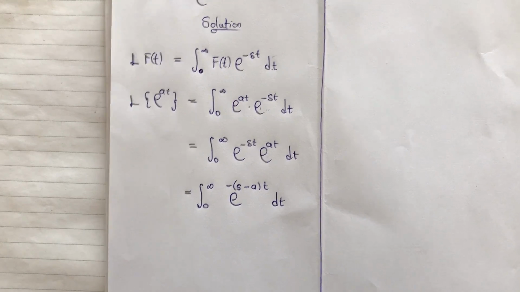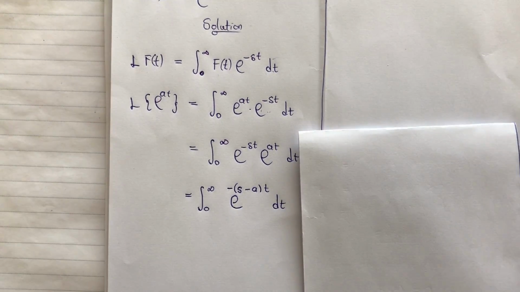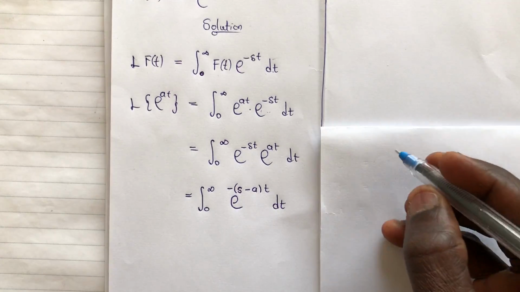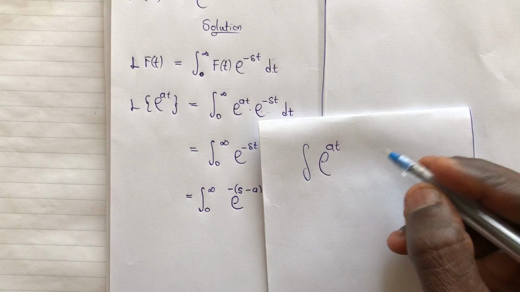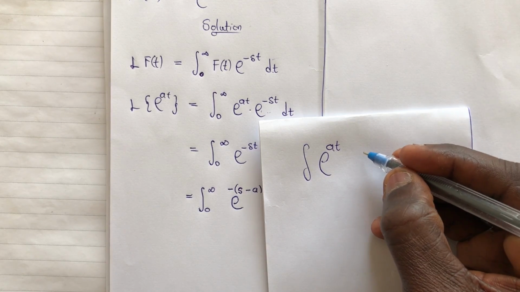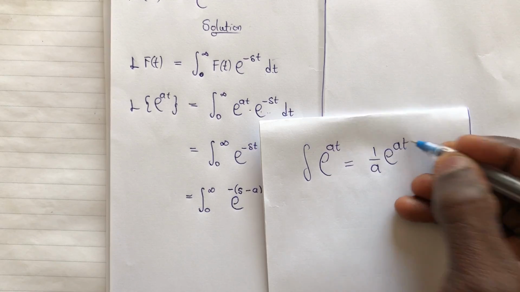So now we can introduce our upper and lower limit by integrating the function. After integration we do that. In the previous video I taught you how to integrate an exponential function, so let me take you through it once and then we go. If we have e to the power at, then the integral of this is equal to 1 over a times e to the power at.